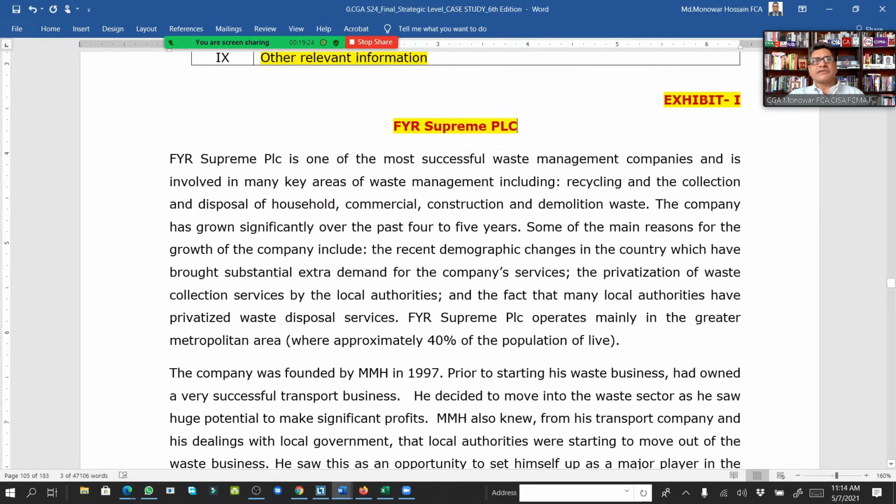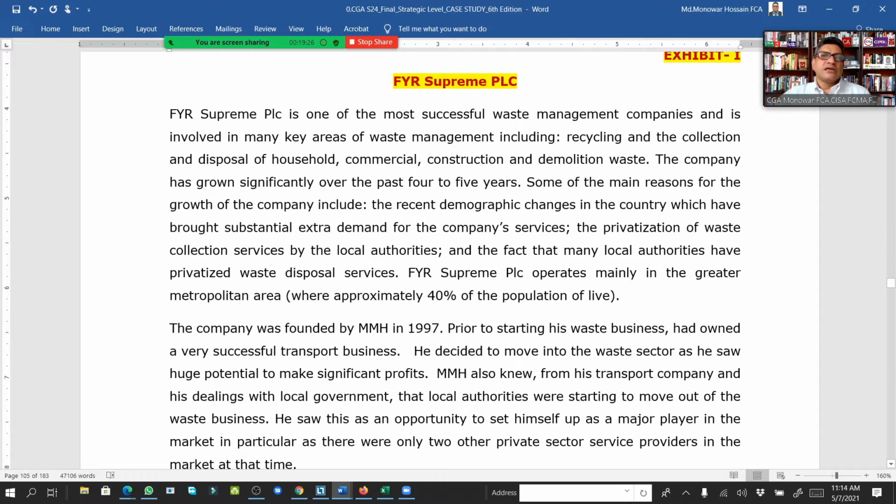Discussing the company here. FIR Supreme PLC is one of the most successful waste management companies and is involved in many key areas of waste management, including recycling and collection and disposal of household, commercial, construction and demolition waste.